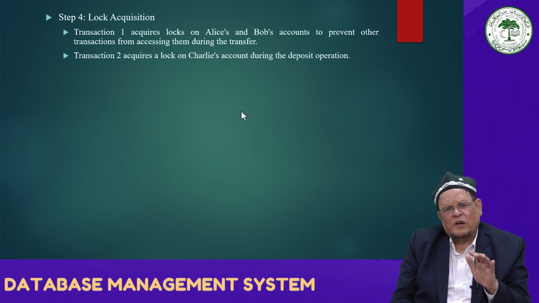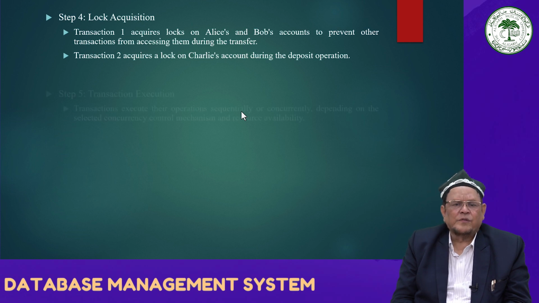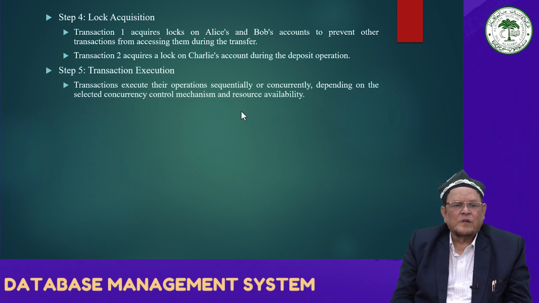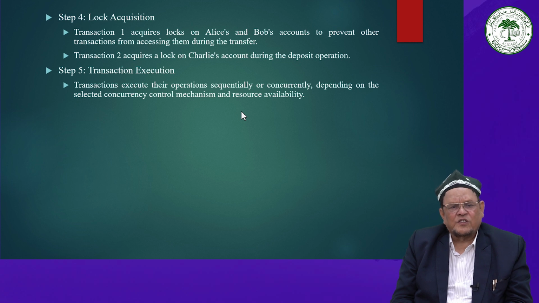So when your deposit operation is done, Charlie's account will be locked. Step 5, transaction execution. Transactions execute their operations sequentially or concurrently, depending on the selected concurrency control mechanism and resource availability.